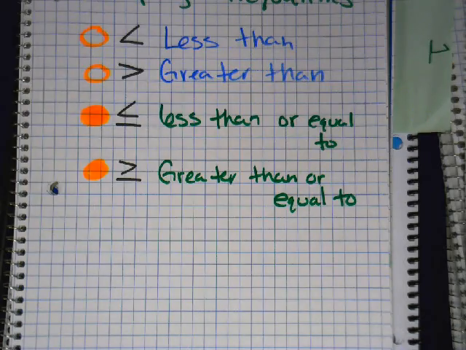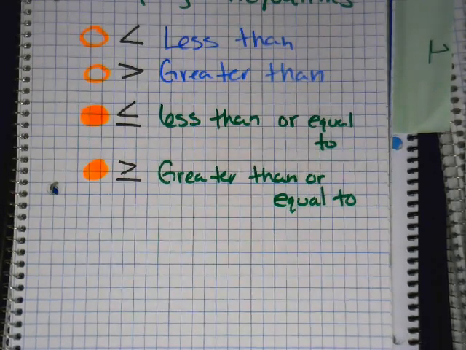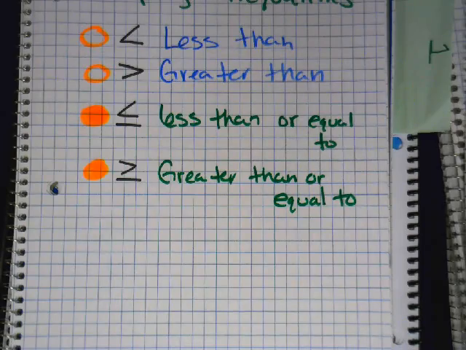But what is the difference between a closed circle and an open circle? Yes. The closed circle is less than or equal to, and the open circle is just less than or greater than. Okay, well what does that mean? They're different.